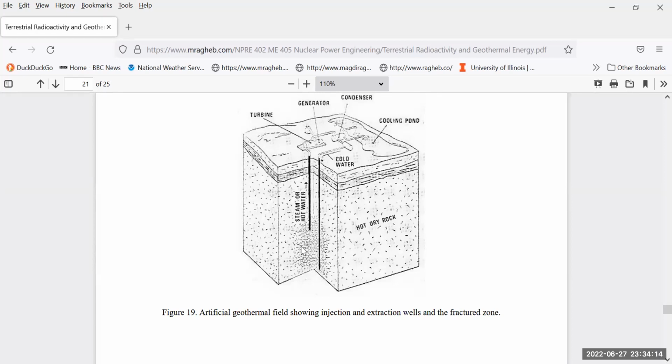The idea has been modified into what we call today fracking, or hydraulic fracturing. It's not nuclear devices now used to fracture the medium as initially suggested.